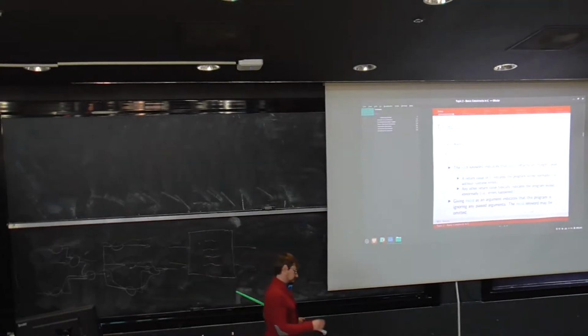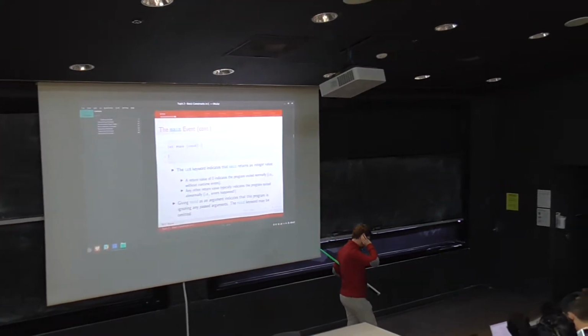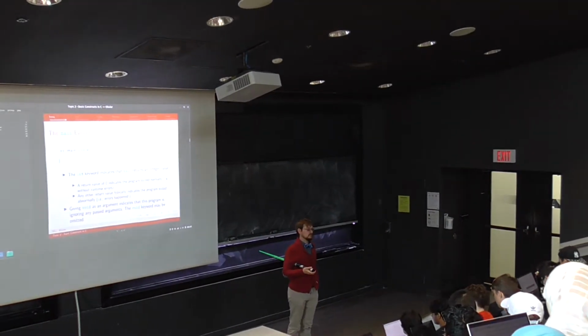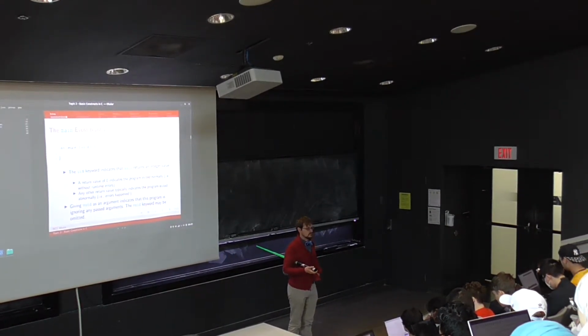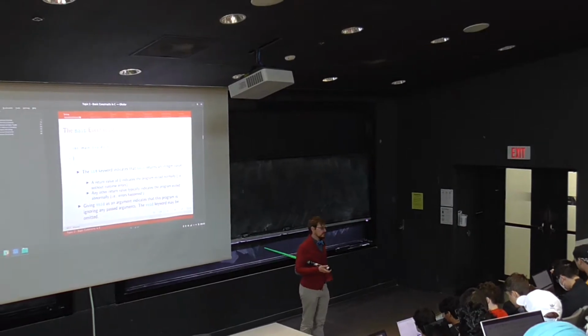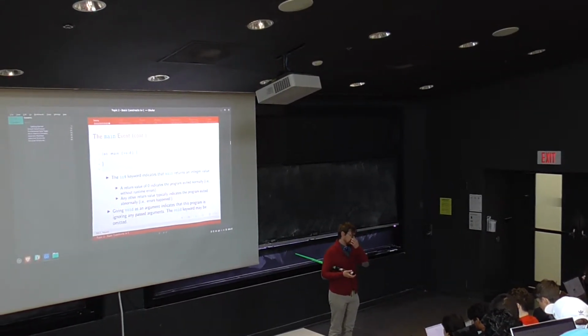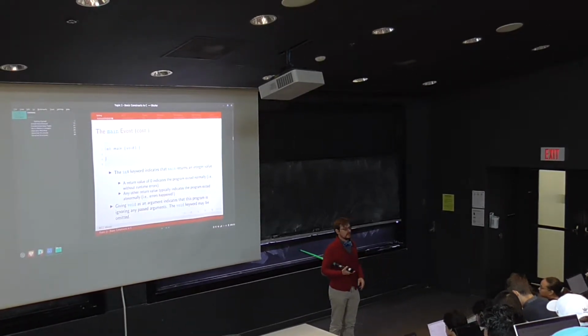Question? When returning an abnormal value, does the value itself mean anything? It can. It depends on the program. The program will be written in such a way that different error codes will mean different things for that program, right?